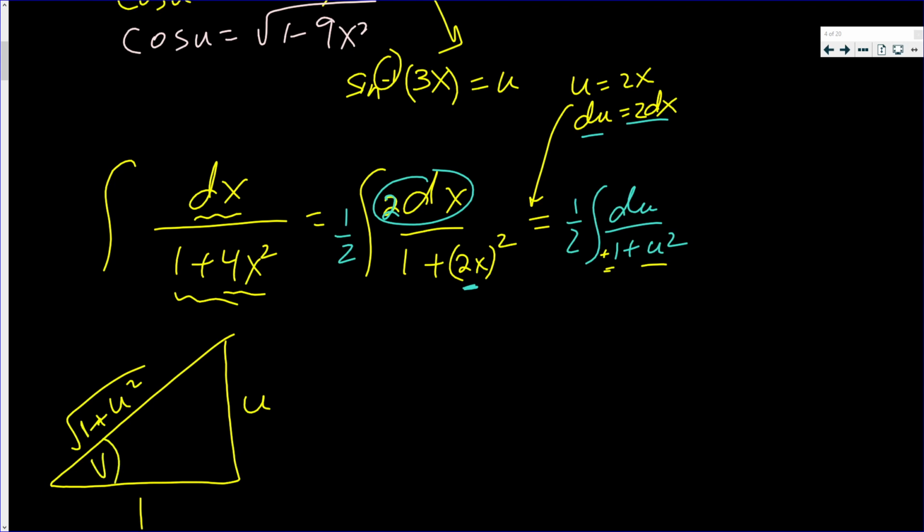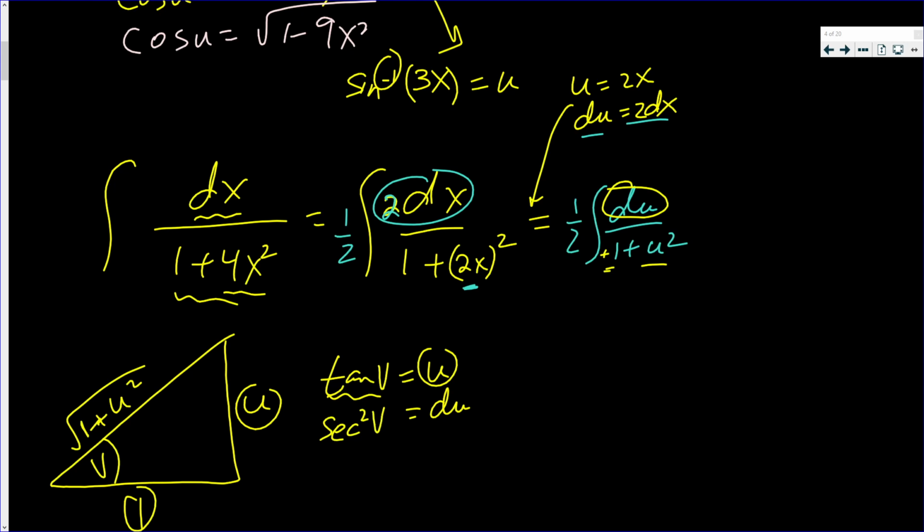And we'll call the angle v. Once again, we'd love to find du. Well, tangent of v is just u over 1, or u. That's perfect to find du, because the differential of u is du. Differential of tangent v is secant squared v dv.